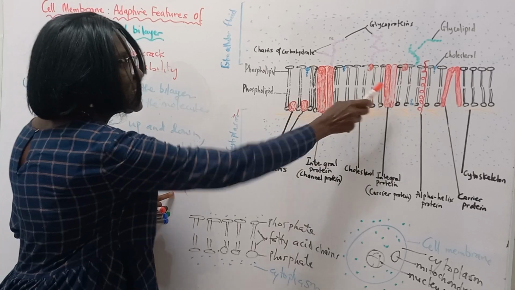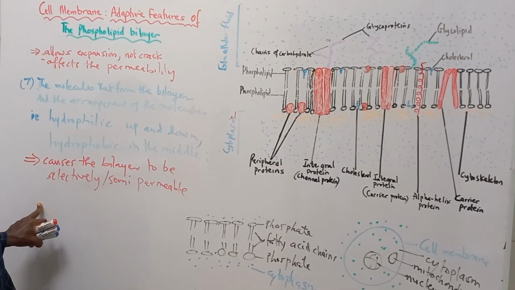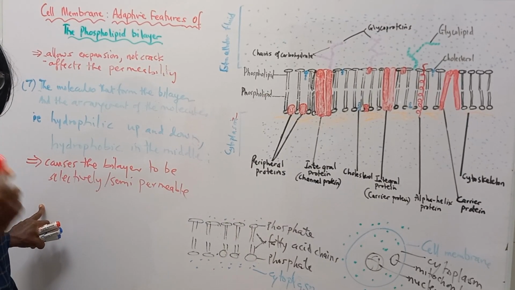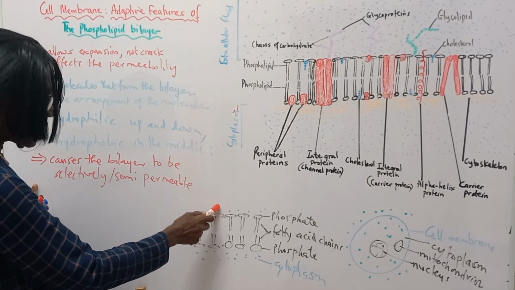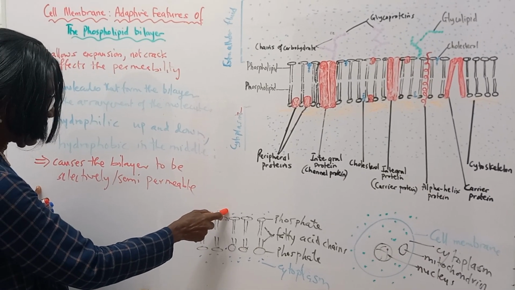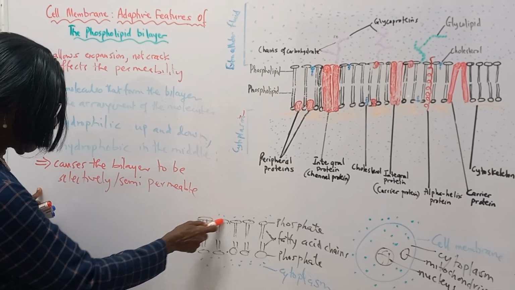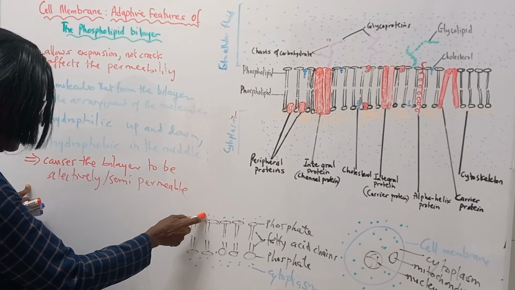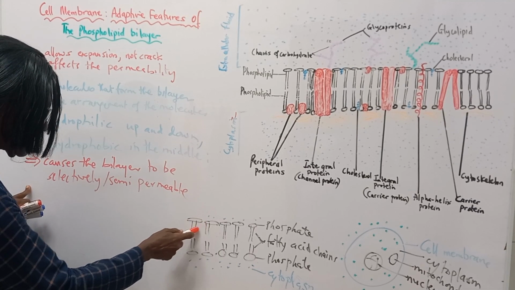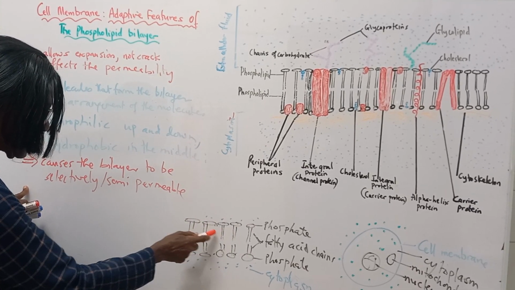The other structures also do that, but the phospholipid bilayer alone is also selectively permeable, because a polar substance, ion or molecule can dissolve in the upper layer here because it's hydrophilic. It can pass through, but as soon as it gets here, being hydrophobic, it cannot go.